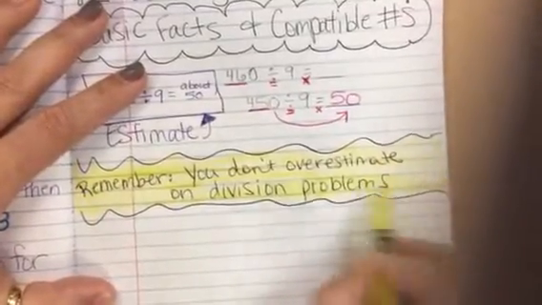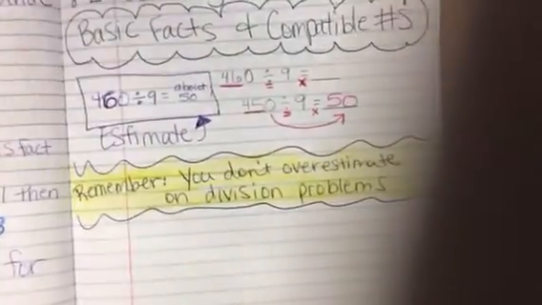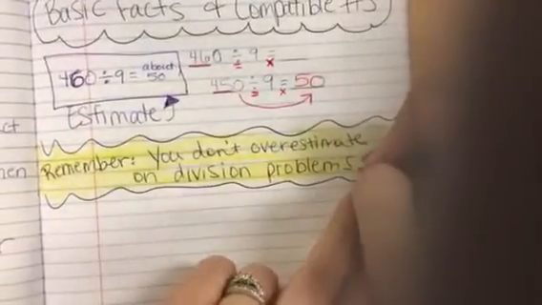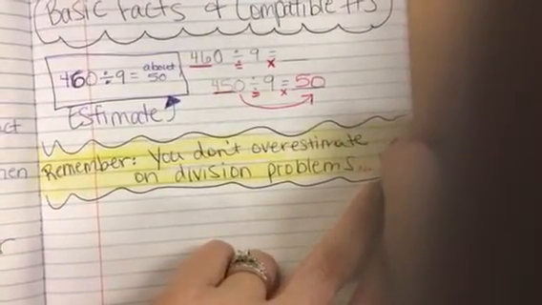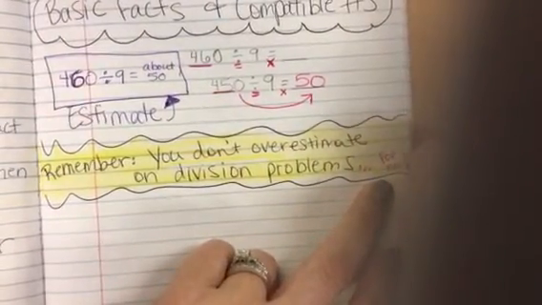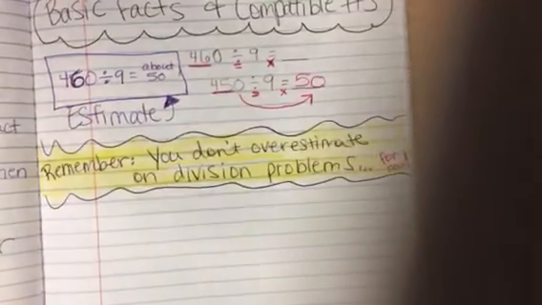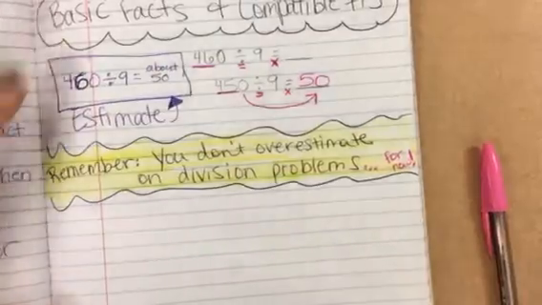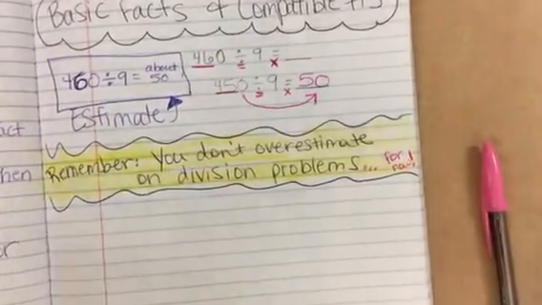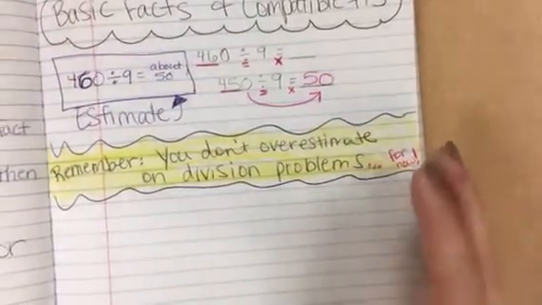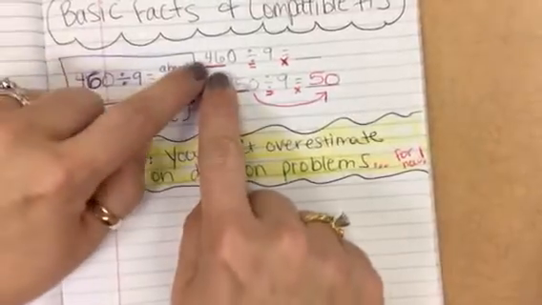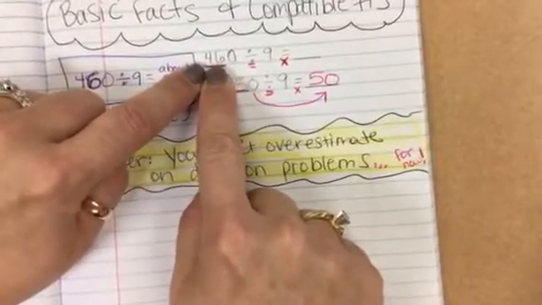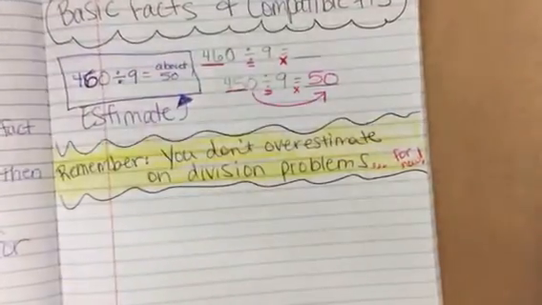So right now we are going to put this, and then we're going to put "for now," because that doesn't mean we won't ever overestimate on a problem. But for our situation now, we don't want to ever go above our basic fact that we're given.